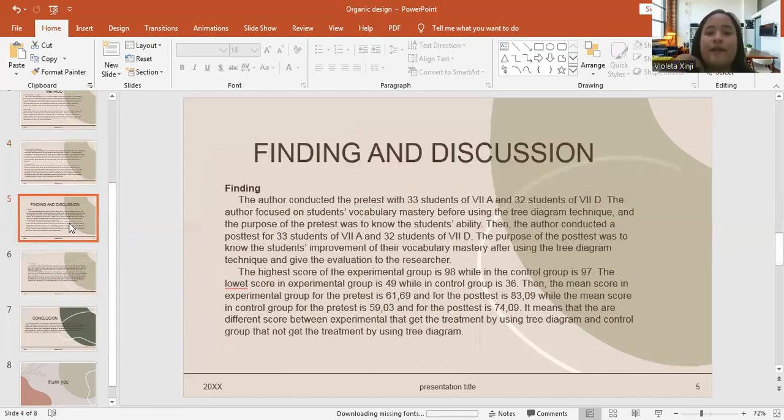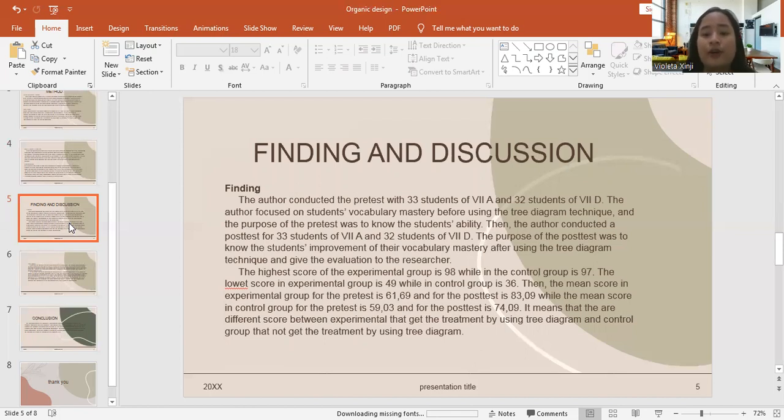Next is the finding and discussion. Finding, the author conducted the pretest with 33 students of 7A and 32 students of 7D. The author focused on the students' vocabulary mastery before using the tree diagram technique, and the purpose of the pretest was to know the students' ability.